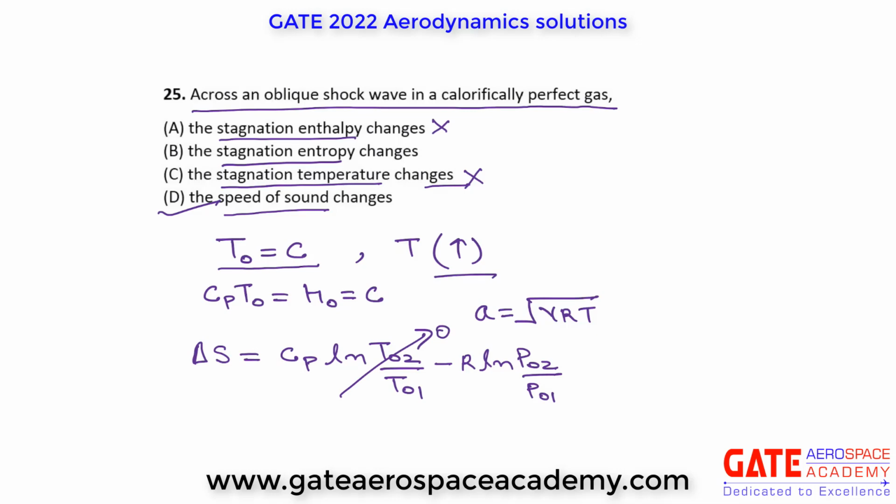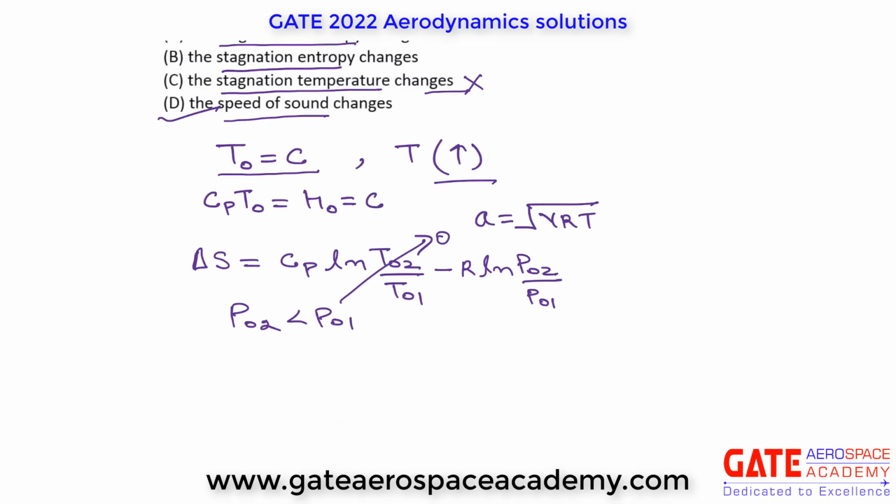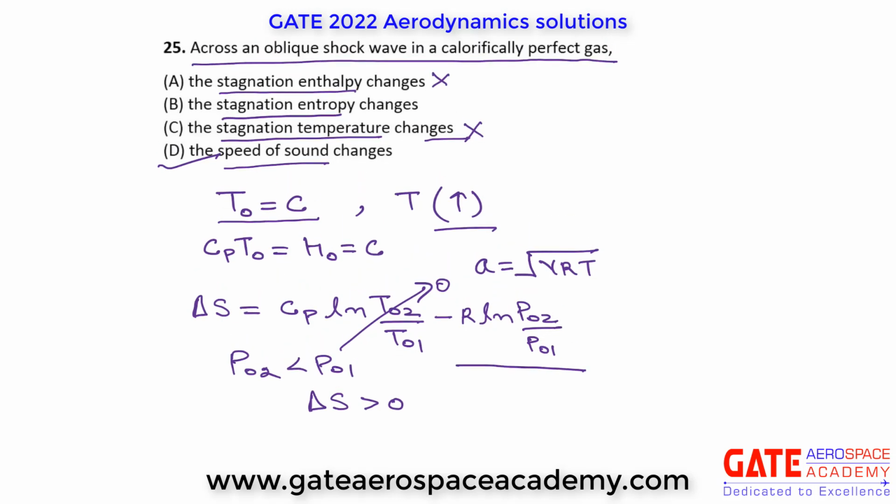Minus R ln P02 by P01. Now we also know that P02 is less than P01. It means delta S will be greater than 0 because this quantity will be positive, correct? So stagnation entropy changes. So both B and D are correct options.